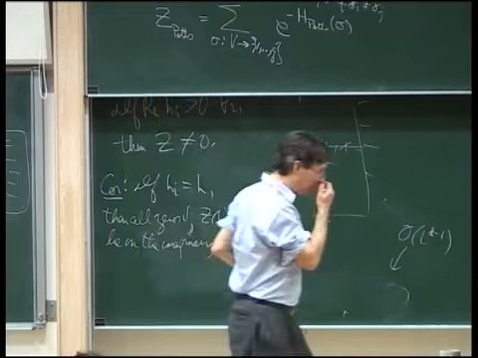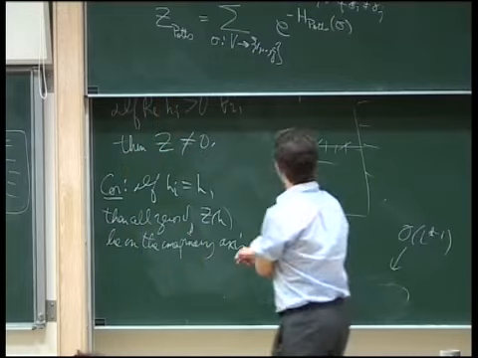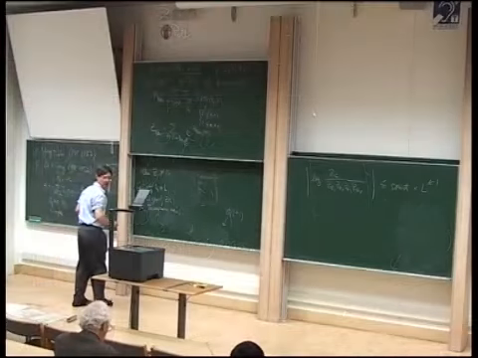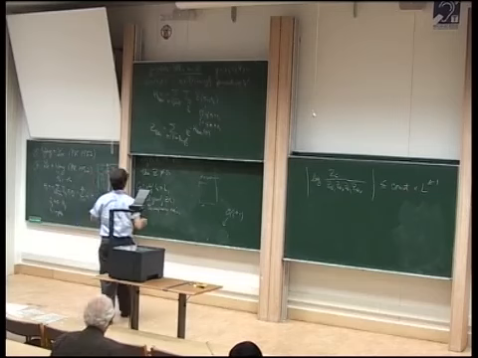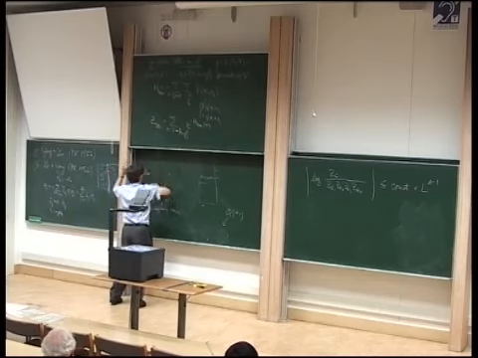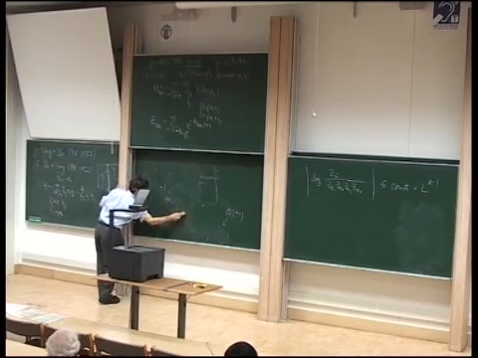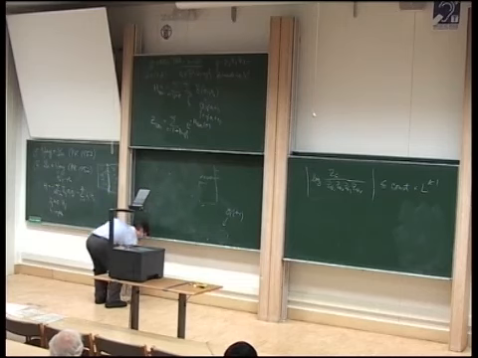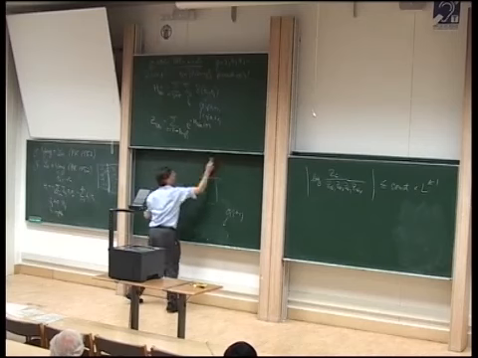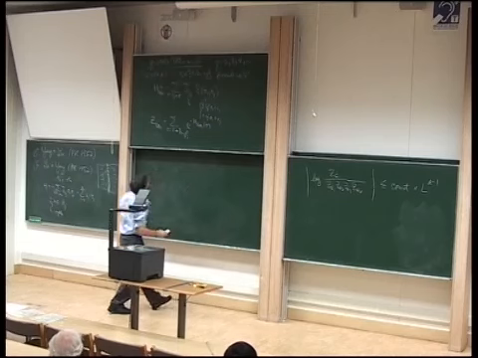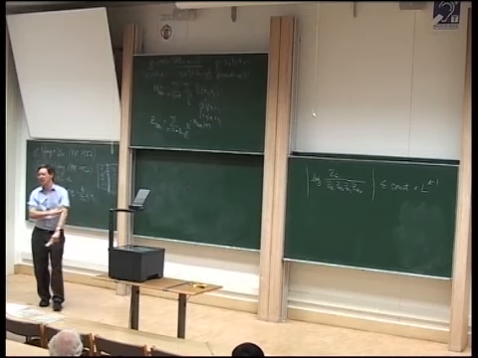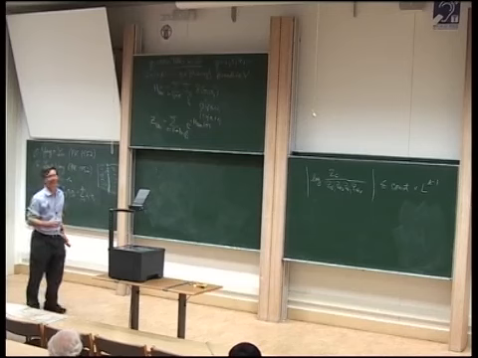I want to do some funny algebra with this and derive a nice representation. The first thing I'm going to do is say that the exponential of a sum is the product of the exponentials.